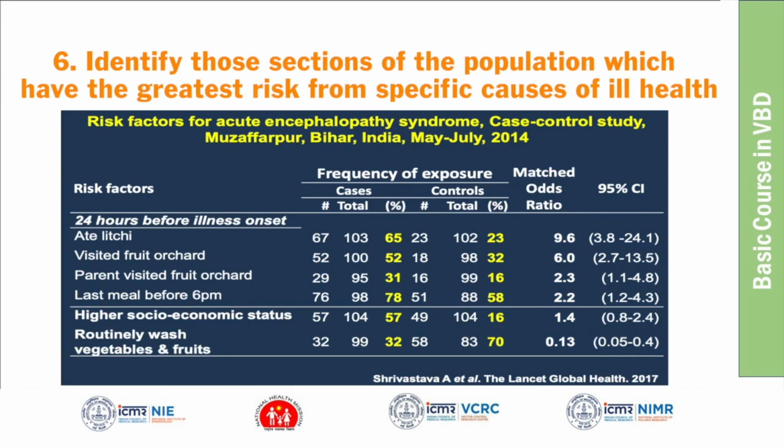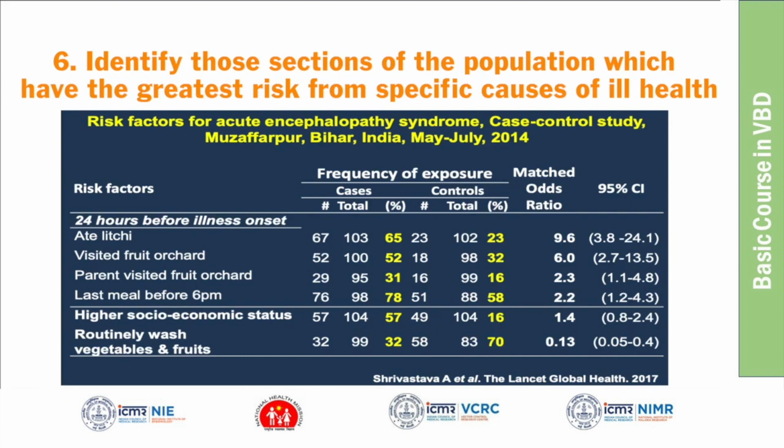If you look at the yellow marked portions, among those who died of that particular encephalopathy syndrome versus those children who did not die, we made a comparison and figured out that 65% of those who died had eaten that particular fruit, lychee, as compared to 23% among those who are alive.